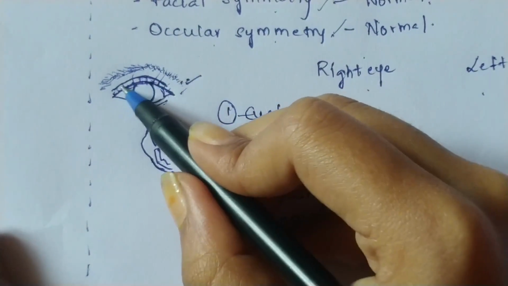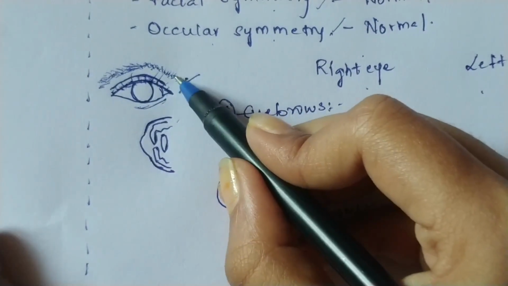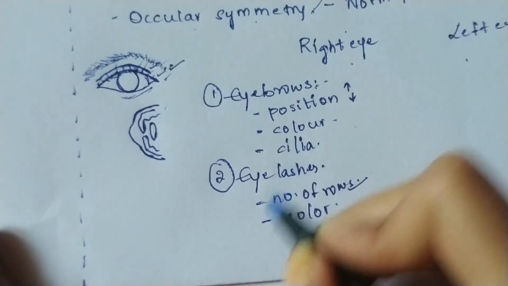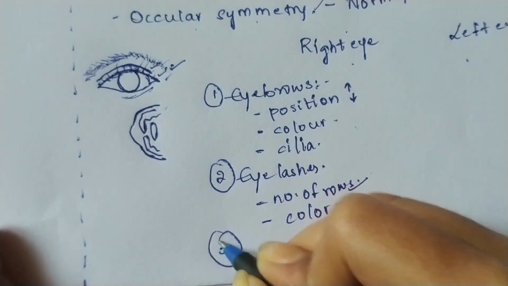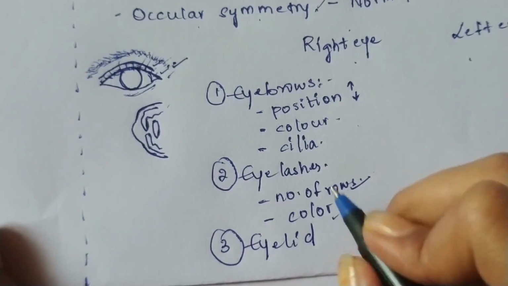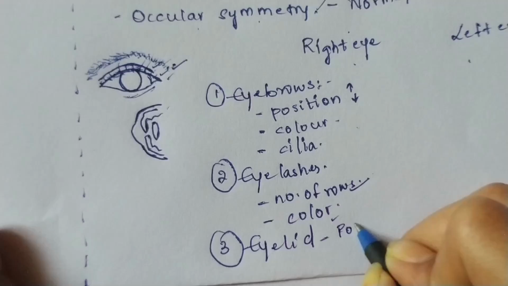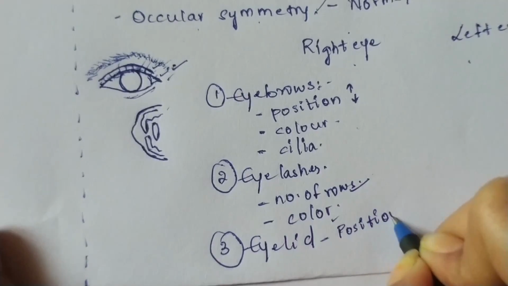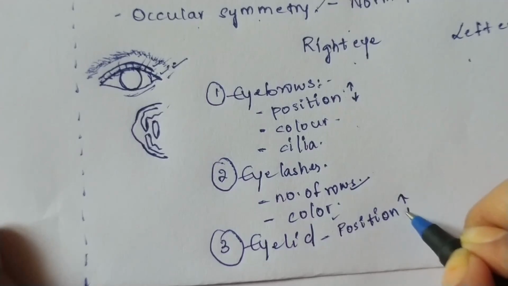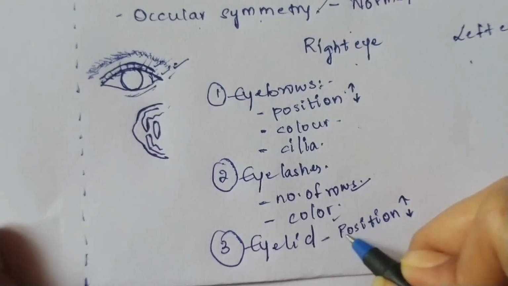Now this thing, what is this? Eyelid. We have completed eyebrow, eyelashes, now eyelid. What you have to observe in this eyelid? You have to observe its position, just like eyebrows, whether it is everted or it is drooping or it is normal.